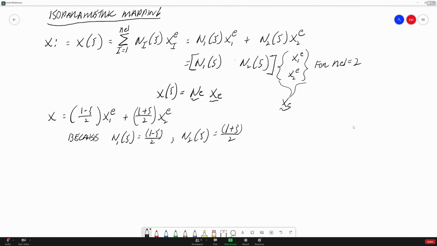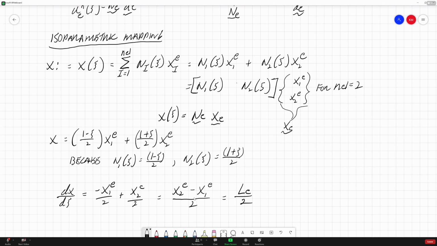And now, if we say we're looking for dx/dpsi, so we're looking at the derivative of this, that's going to equal minus x1^e over 2 plus x2^e over 2, which is equal to (x2^e minus x1^e) over 2, which is equal to L^e over 2.